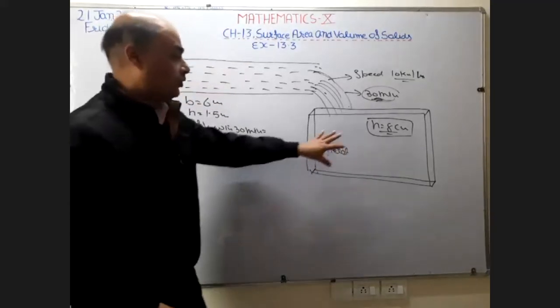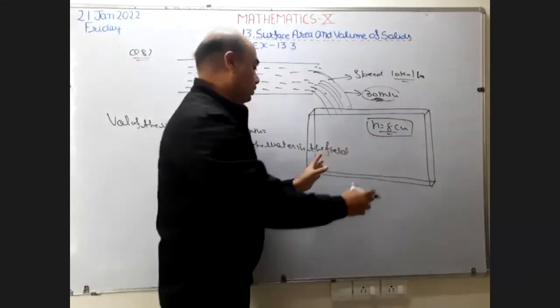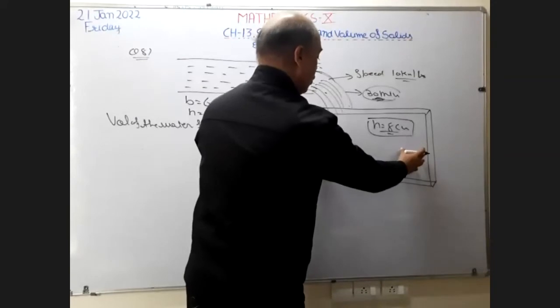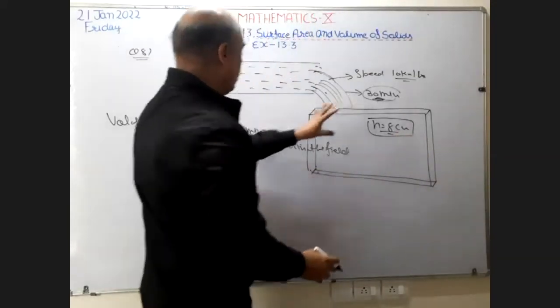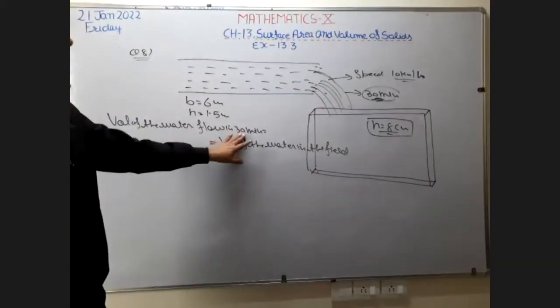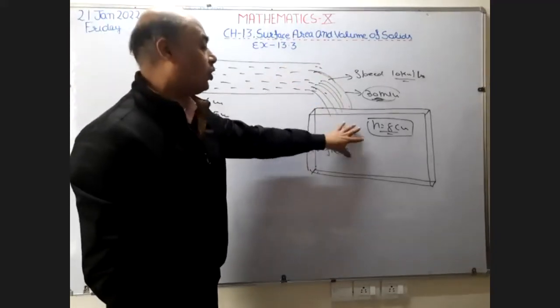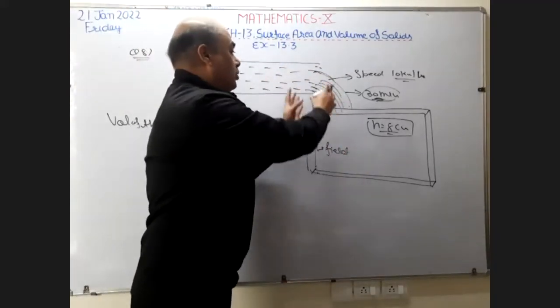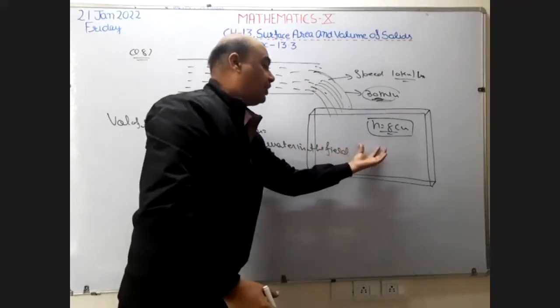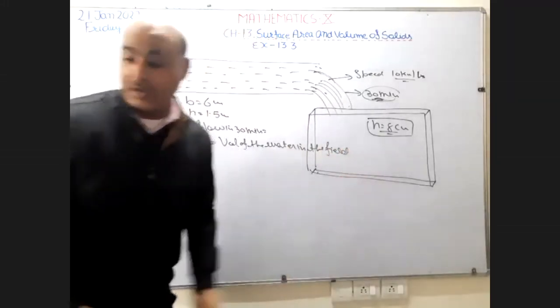Whatever water is held by this field is going to be equal to the volume of water that flows in 30 minutes. I hope this step is clear to everyone.